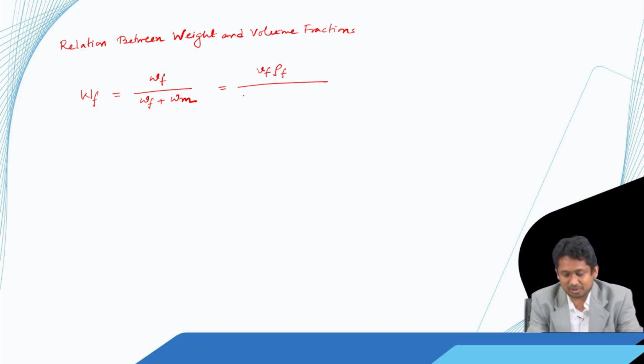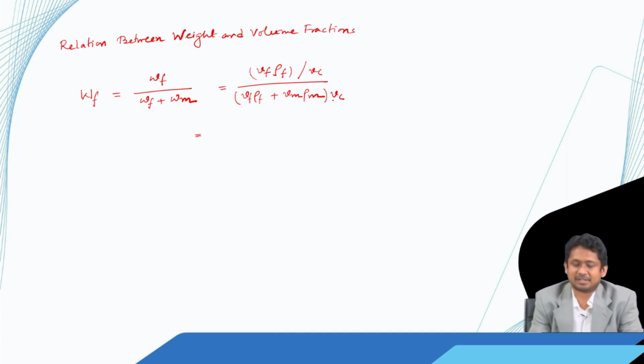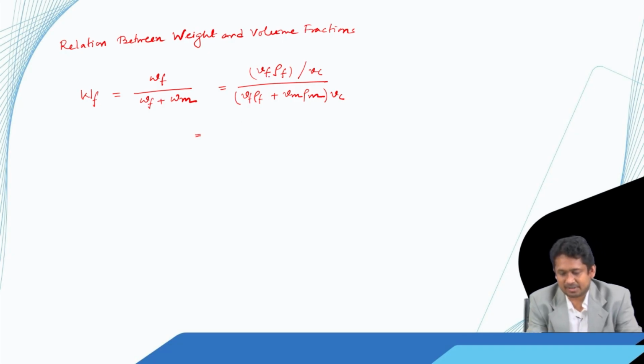Similarly for the matrix. Now, if we divide the numerator and the denominator by volume of composite, that gives us V f by V c in the numerator, and that is nothing but fiber volume fraction.